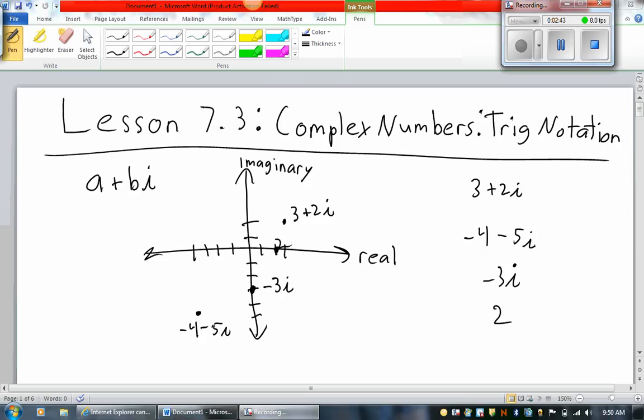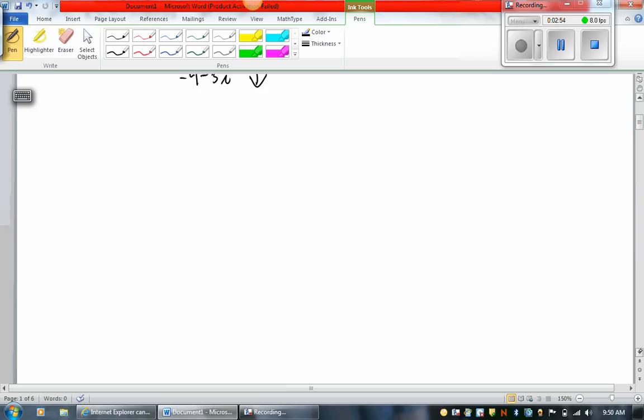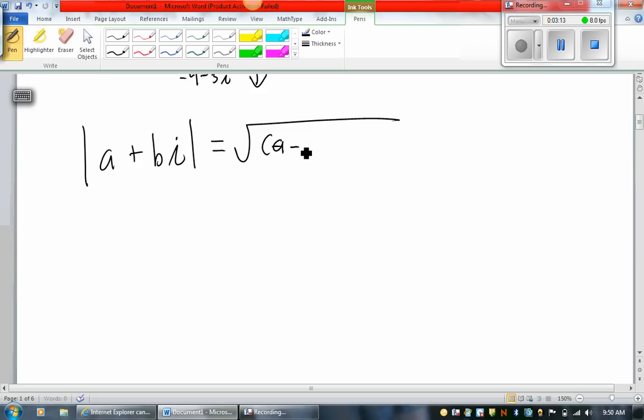So what we're going to look at, now that we can graph it, is that we can find the distance of a point. The way we're going to find the distance is we're going to remember that the absolute value of a complex number, so the absolute value of a plus bi, equals the square root of a minus 0 squared plus b minus 0 squared.